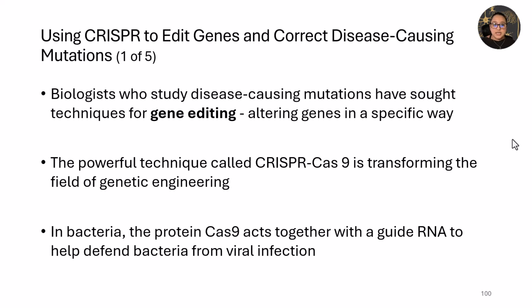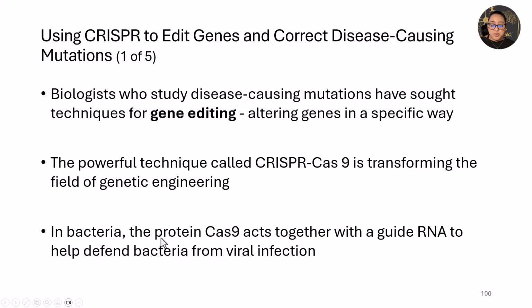Normally in bacteria, the protein Cas9 acts together with a guide RNA to help defend bacteria from viruses. Remember, bacteria can have their own viruses infect them. Normally in bacteria, this mechanism is to help defend bacteria from getting virus infections and having their viruses inject DNA.